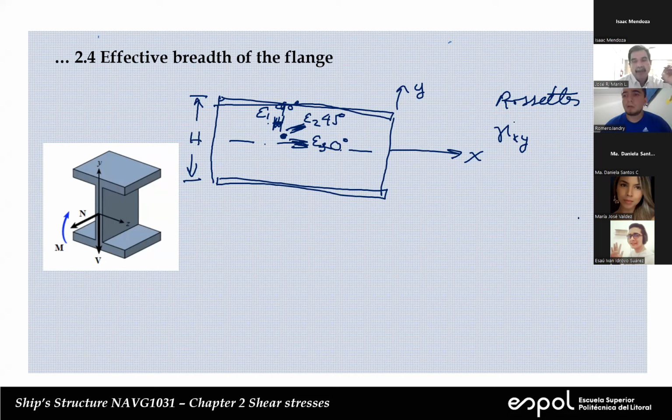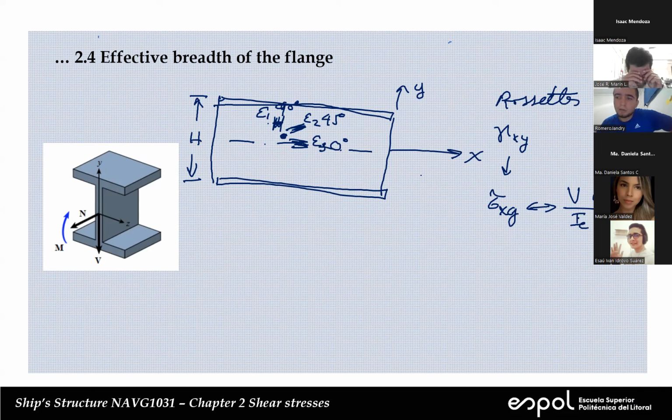With gamma, you calculate tau. And this is experimental, and you compare it with the value from our formula. So those are 2 parts of the report.